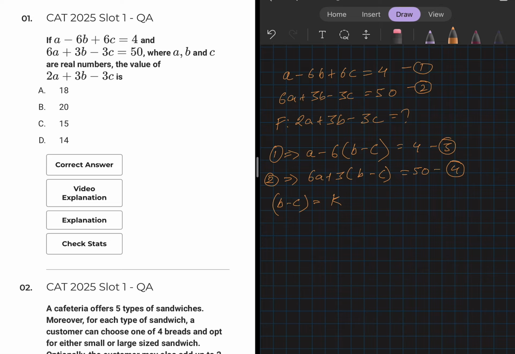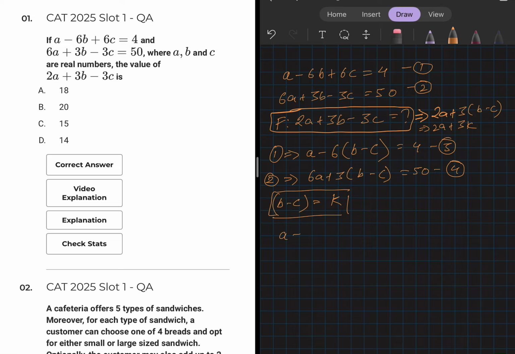So now we have an equation of two variables, and then we have two equations. In fact, if you look at this equation 2, this can also be written in the same format: 2a plus 3 times b minus c. So if you replace it with k, this becomes 2a plus 3k. So now what we have are equations.